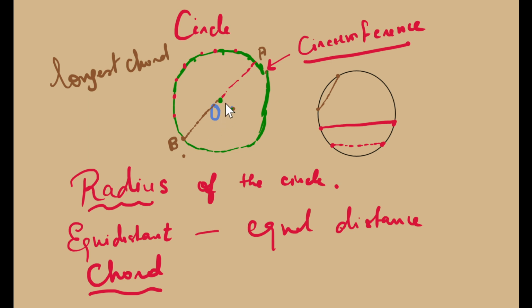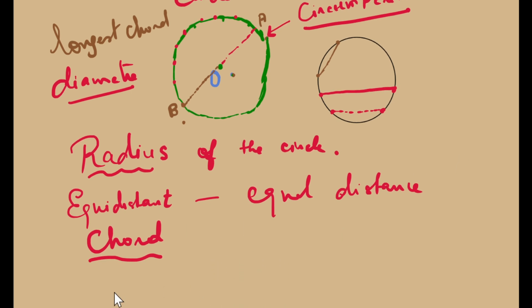There cannot be any chord longer than this chord, and this chord has a special name. It is called the diameter of the circle. And you will observe that the diameter of a circle would be equal to 2 times its radius.